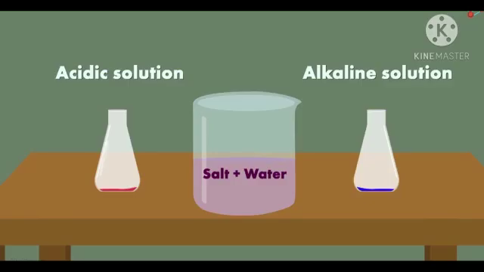Now we will see acid and alkaline in detail. Acid has a sour taste. Acid turns blue litmus to red. An acid in an aqueous solution gives H plus ions. Oxides of non-metals form acids.